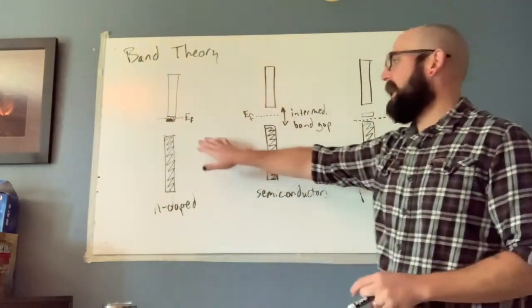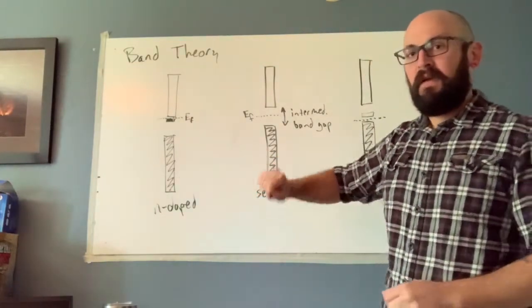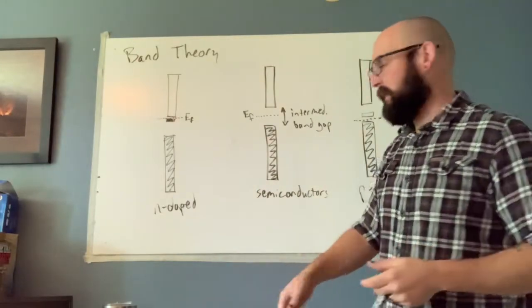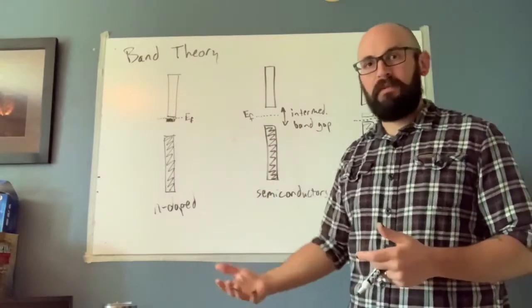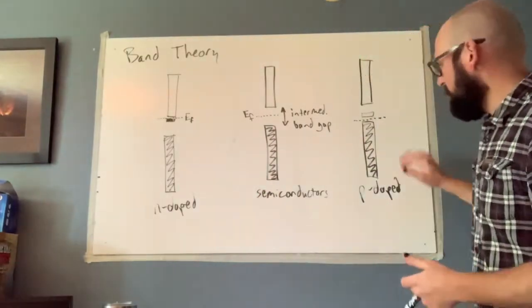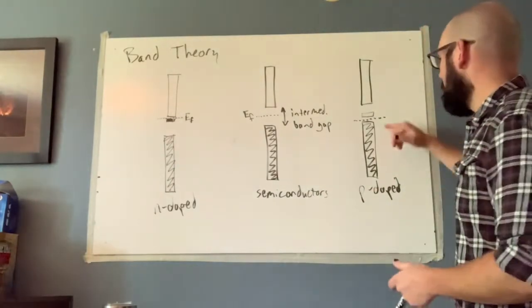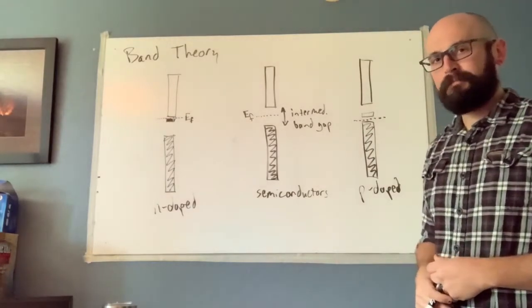So let's say that we have perhaps a germanium semiconductor, and we can add a little bit of phosphorus into that system, a group 15 element, in order to have an n-doped type of system. Or alternatively, we could add a little bit of boron to our germanium in order to have a p-doped type of system.